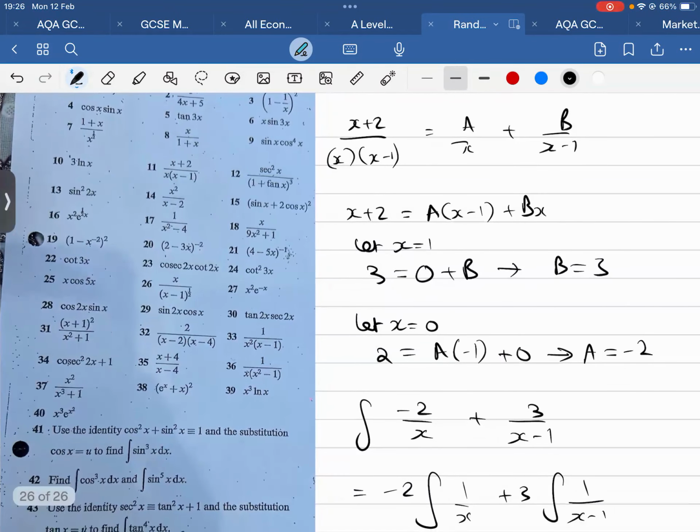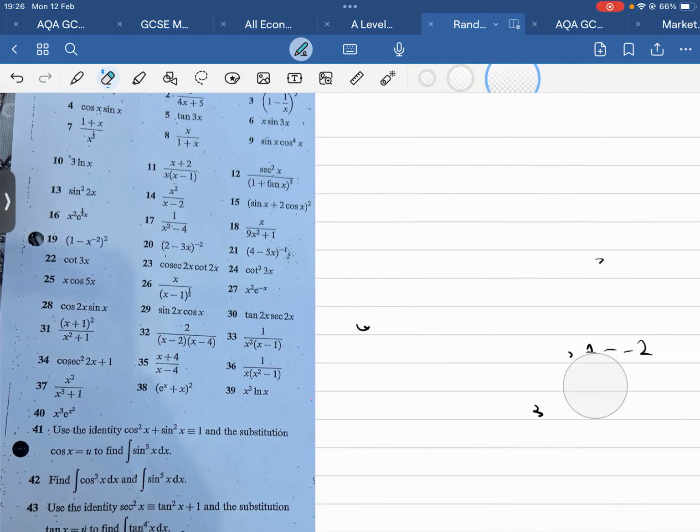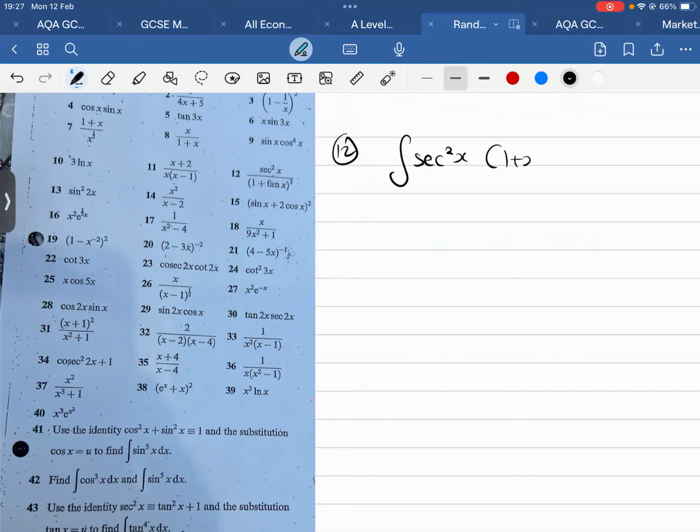Question 12. What is that? That must be substitution, probably. So I've written it like that. What would your u be? u will be 1 plus tan x.